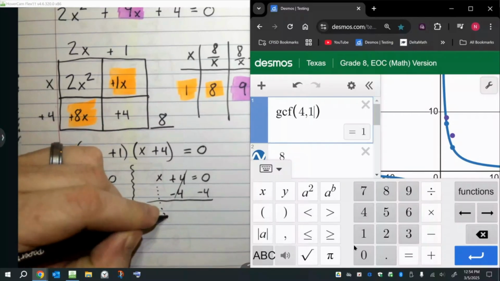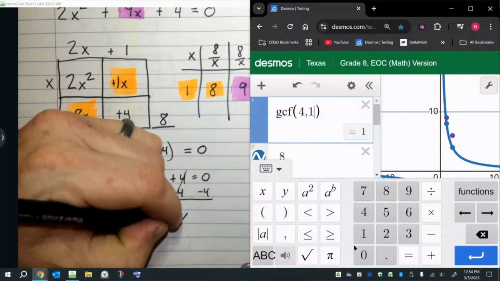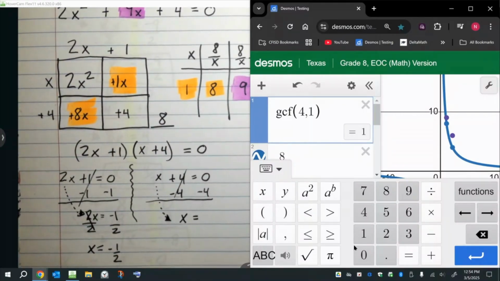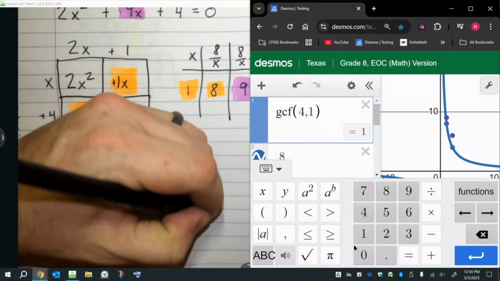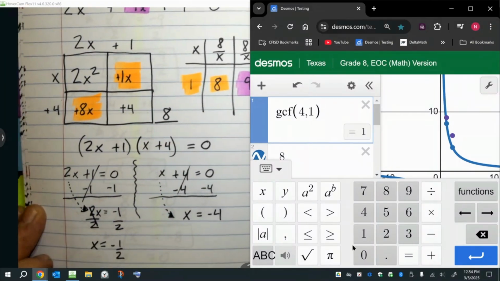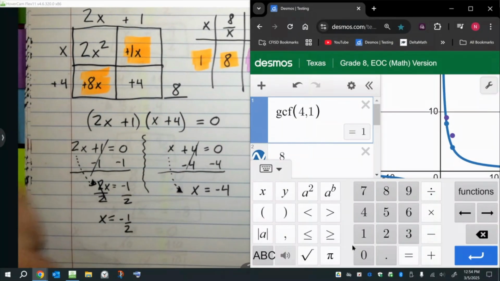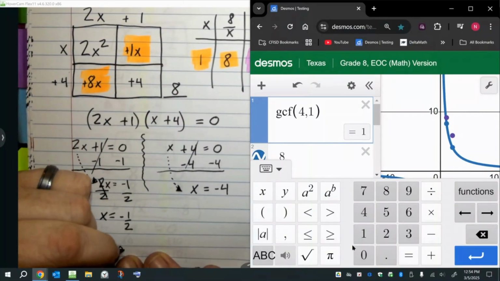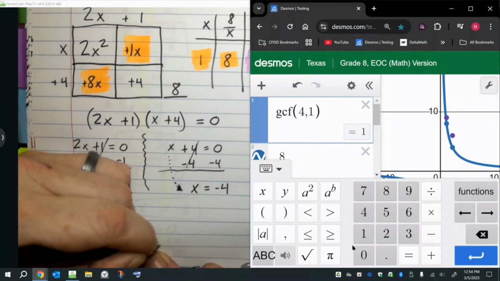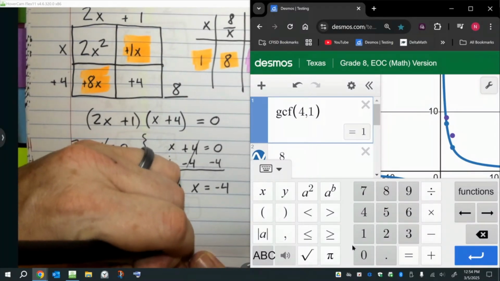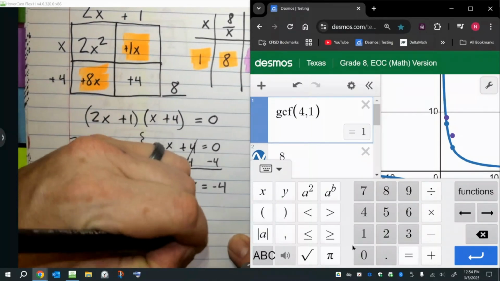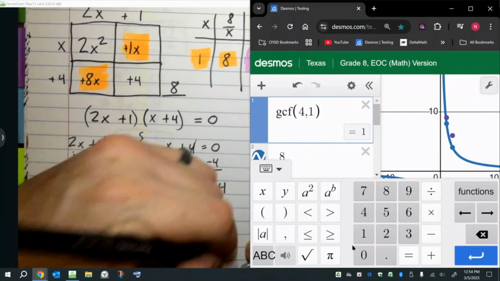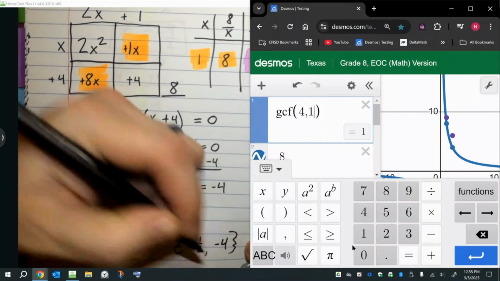Well, now my coefficient is just 1, so now I have x by itself, and 0 minus 4 is negative 4. So my solution set, if I want to write it as a solution set, we will write negative 1/2 and negative 4.